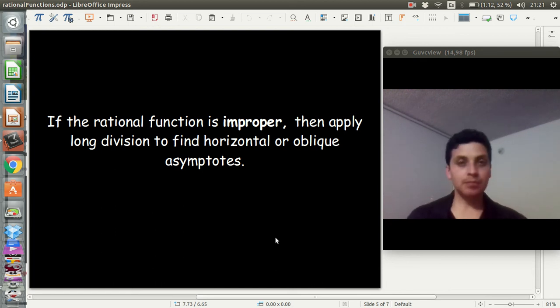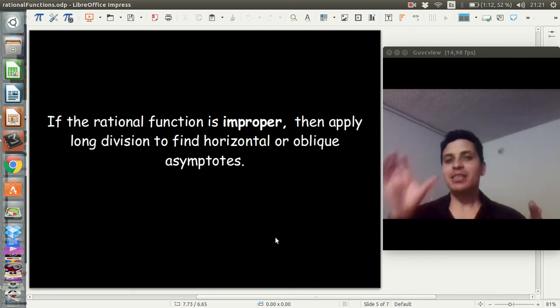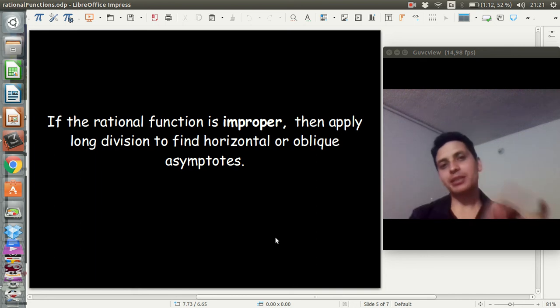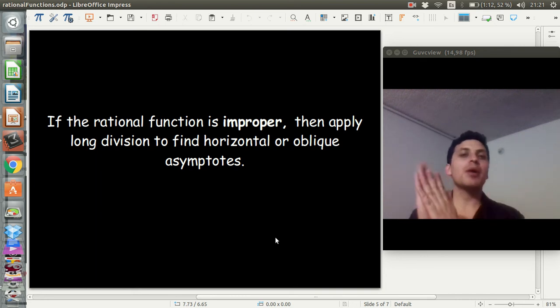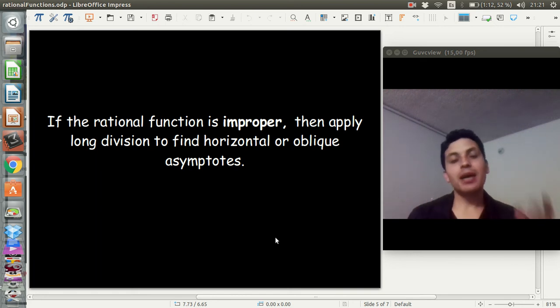So to sum up, for proper, the horizontal asymptote is 0. For improper, divide to get the quotient, that is the asymptote, and for the part of the remainder, the asymptote is 0. That's it. And remember that in lowest terms, the vertical asymptotes are given by the denominator equals to 0.